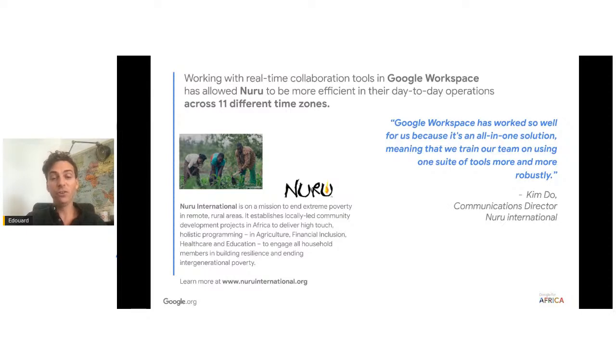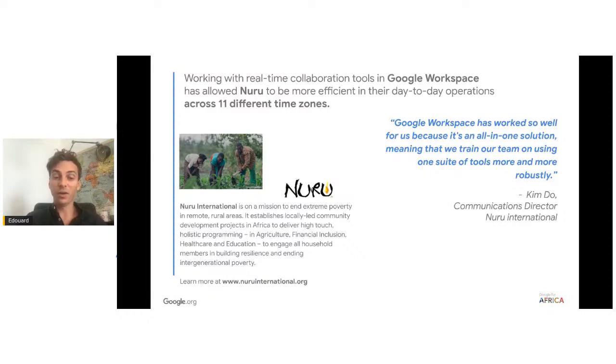As a virtual operation, they depend on home offices and co-working space rather than a central headquarter office, which allows them to invest more in their partner communities. They employ across 11 different time zones, meaning they rely heavily on digital tools to collaborate.